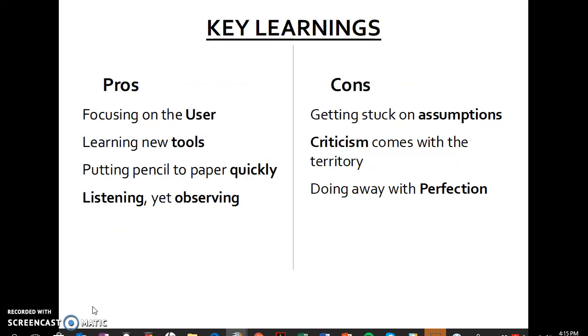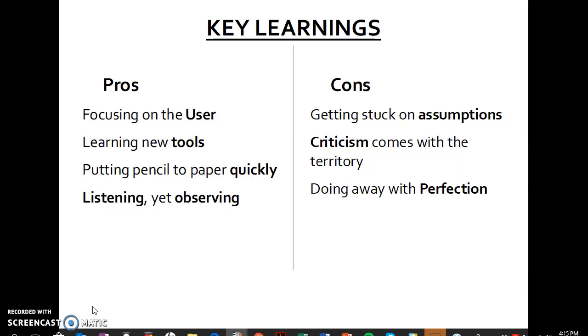So far, the key learning I've taken on board during this project is that I've been able to focus on the user. The user is the center of everything we do, so understanding and surrounding ourselves with insights from our user is very important to me.